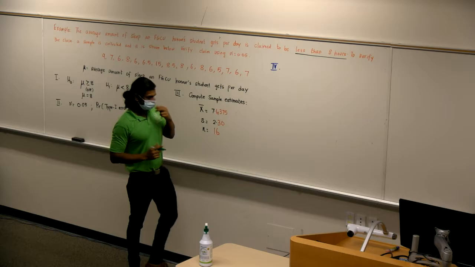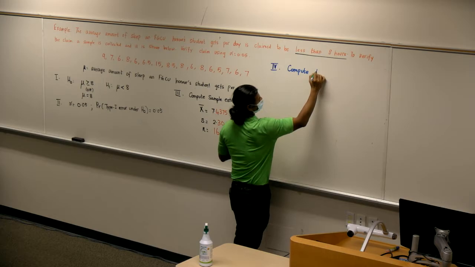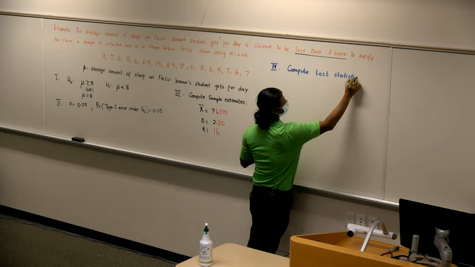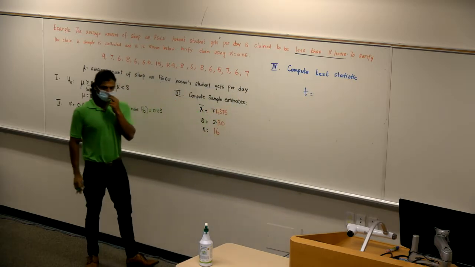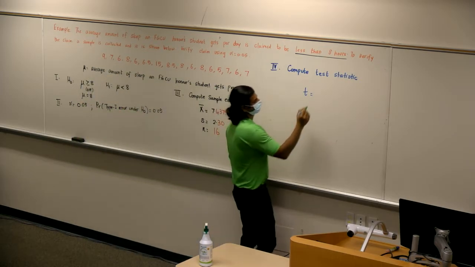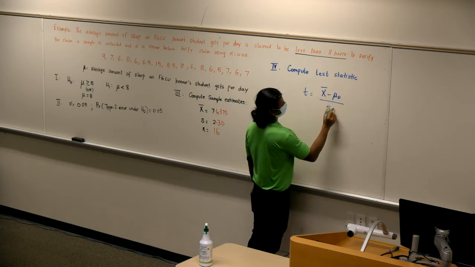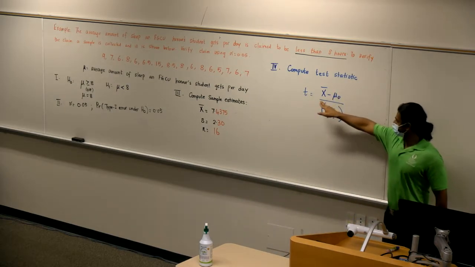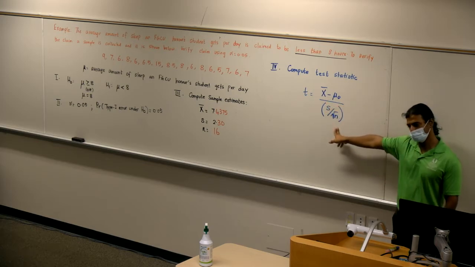How do we come up with a conclusion? We compute a test statistic. In this case, it is T, which is X bar minus mu naught divided by S over square root of n.